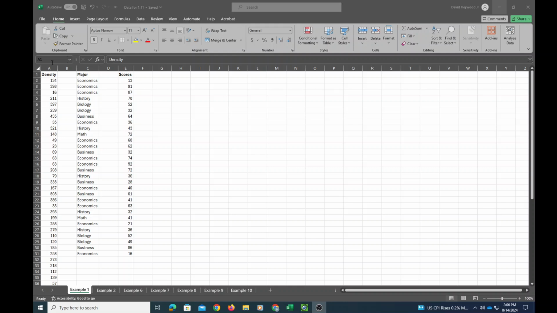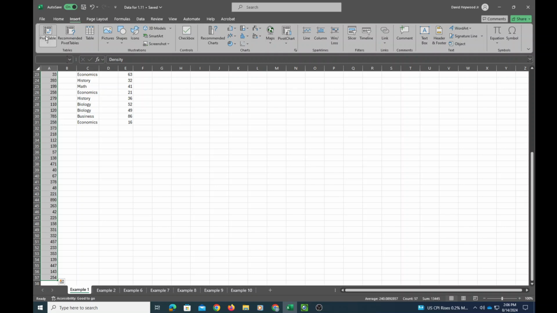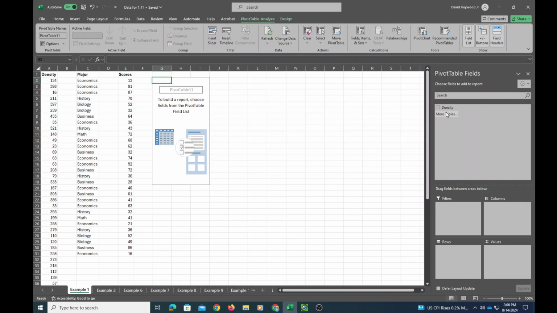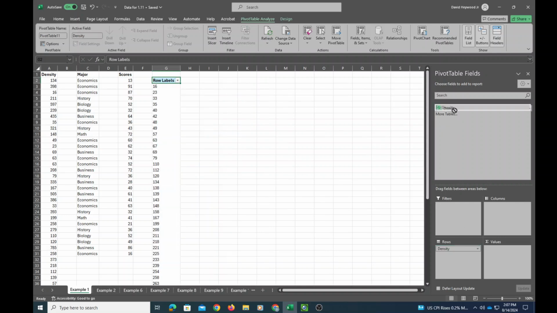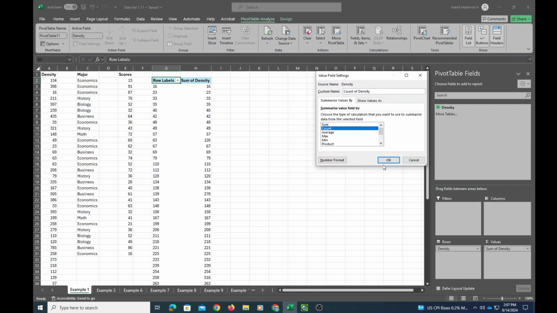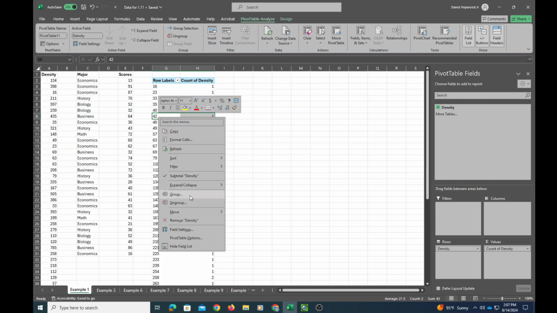So I'm going to start off by selecting my data, inserting a pivot table. I want the counts, not the sums, and this isn't giving me a very good summary, so I'm going to group into classes.